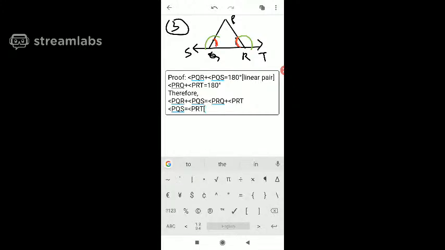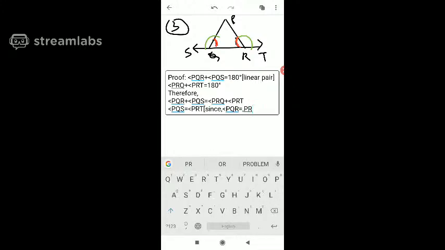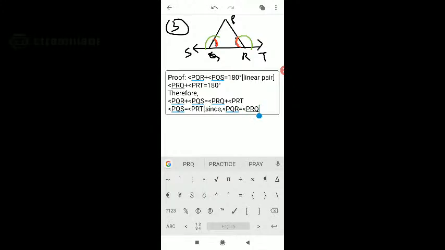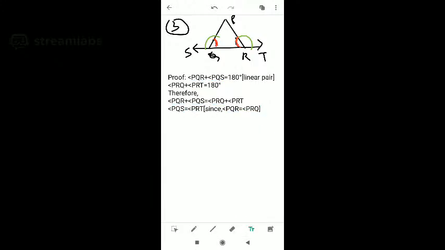In the bracket we will write, since angle PQR is equal to angle PRQ. So this is the answer. Proof is very short.